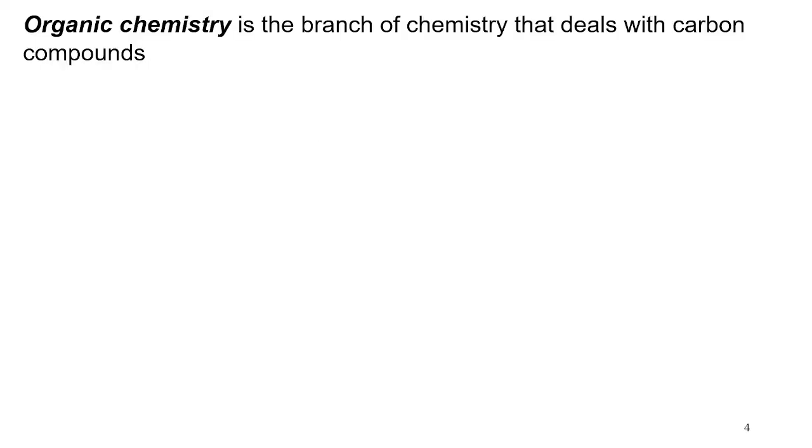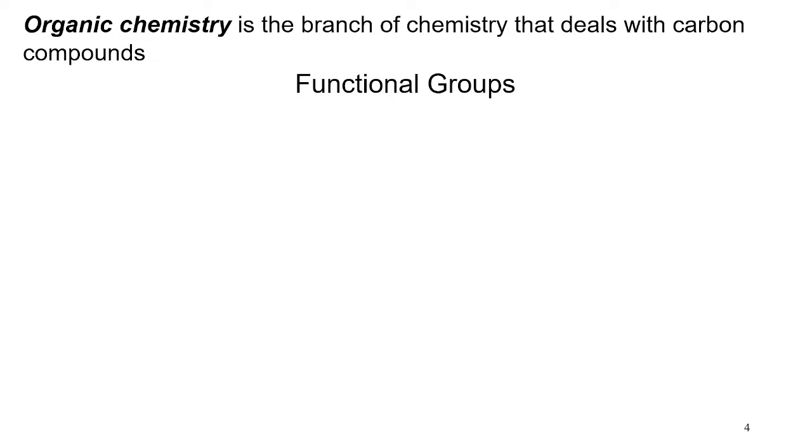So organic chemistry is actually a branch of chemistry that deals with carbon compounds. So as we already discussed, carbon with the atomic number 12, yun yung titingnan natin, yung mga chemistry behind dun sa mga carbon compounds na yan.